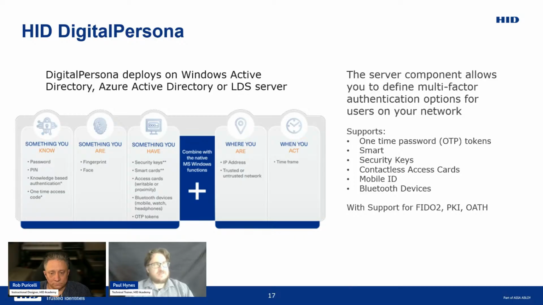There have been a couple of solutions in the past that attempted contactless logon, but Digital Persona makes it super straightforward and easy. So if you're in a Windows-only ecosystem, Digital Persona is a really nice way to give yourself streamlined access to some of these more secure forms of authentication that Windows doesn't natively support, right?